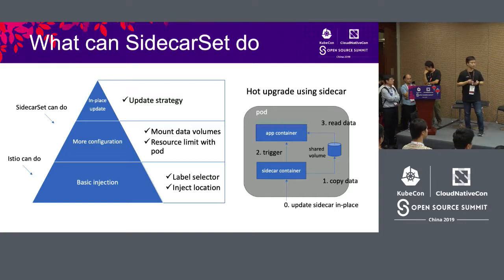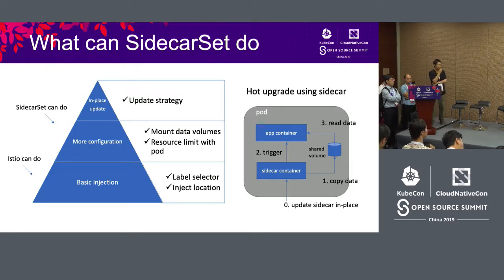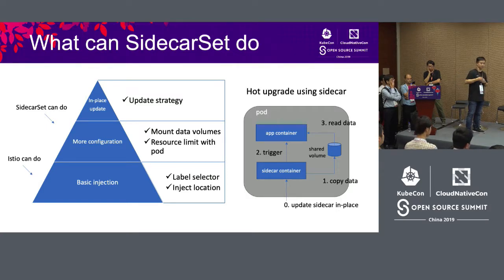So it needs the sidecars to share data with the containers. So at this time, the sidecar has become a data volume mounting tool that is able to share the data volumes with the container.